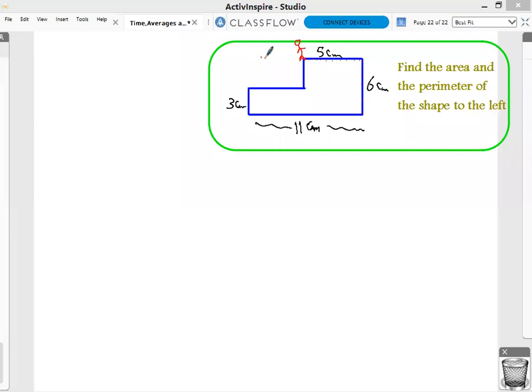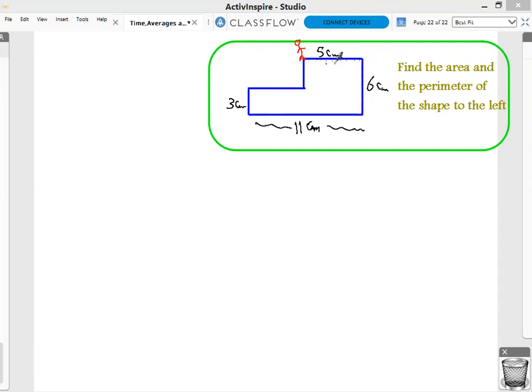Now we will talk about another example. We have this example. Find the area and the perimeter of the shape to the left. Okay. It's not completely a rectangle. It's like a rectangle, but we cut this part from it. Okay.